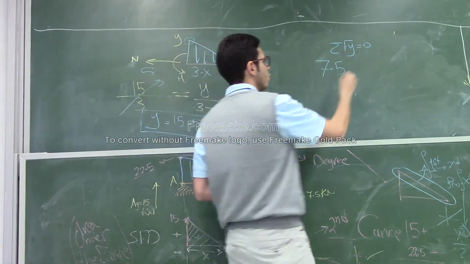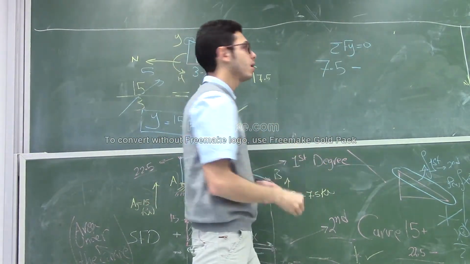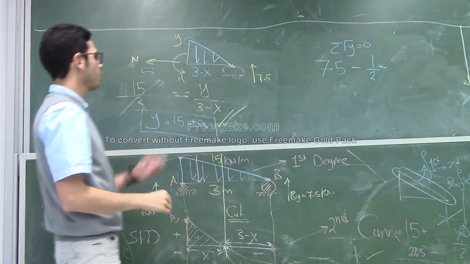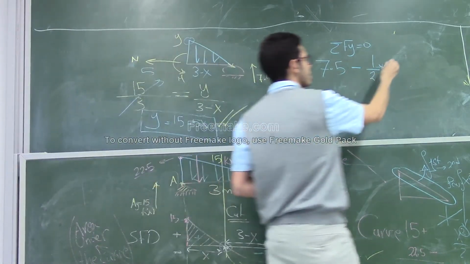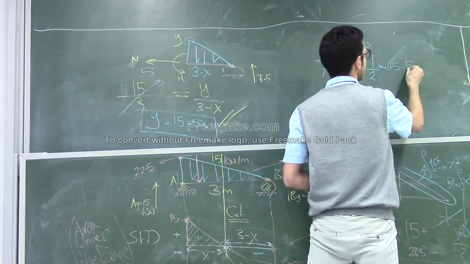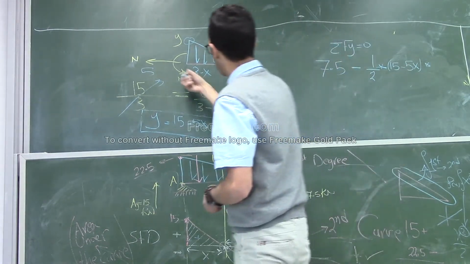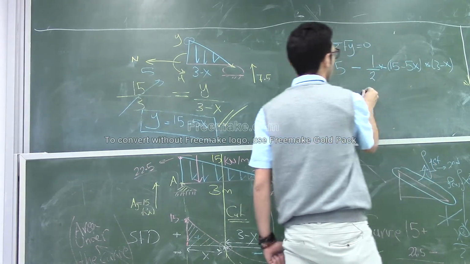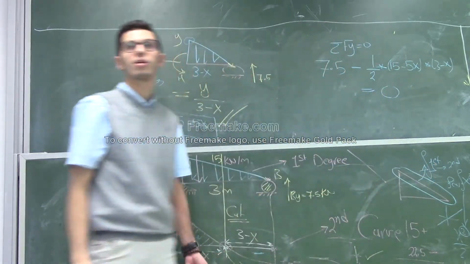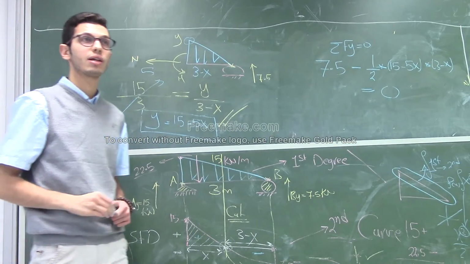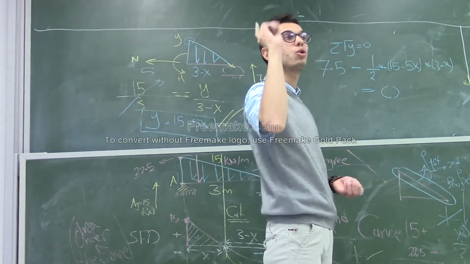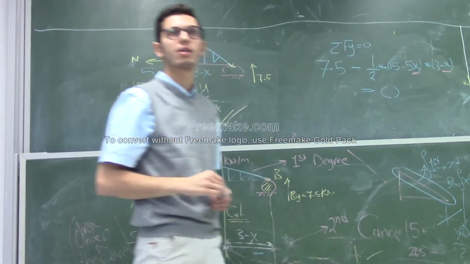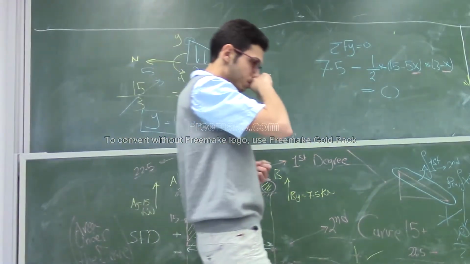So it's a minus because it's downward, half multiplied by y. How much is y? 15 minus 5x, multiplied by the distance, which is 3 minus x. And all of this is equal to 0. Now you got an equation with one unknown only, which is x. You can find x now, so let's find it together.